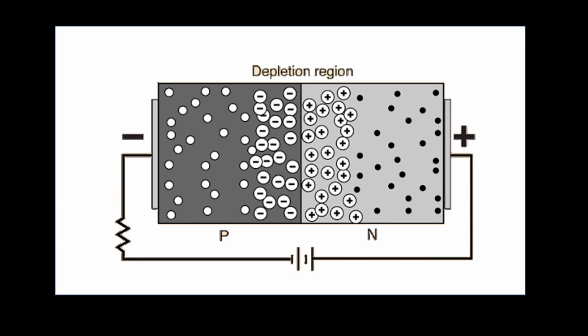The electrons from the negative terminal flow through the p-type silicon, occupying the holes, and they reach the boundary. As we have discussed, the p side of the boundary is negatively charged, so the electrons are repelled from the boundary. Thus the current does not flow and the potential barrier gets thickened. This is what we know as the reverse bias.